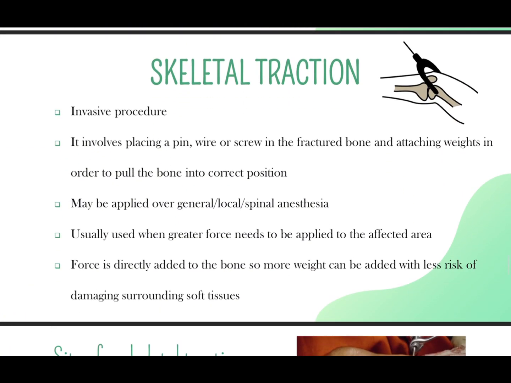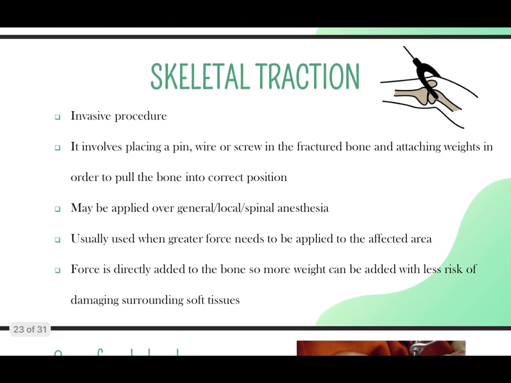Now let's talk about skeletal traction. Skeletal traction is an invasive procedure, and it involves placing a pin, wire or a screw in the fractured bone and attaching weights in order to pull the bone in the correct position.